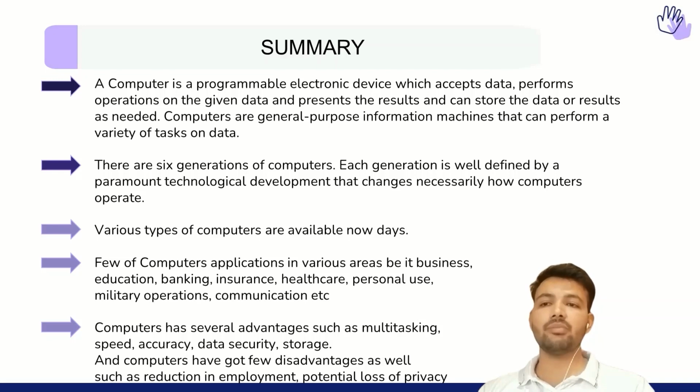Now, few of the computer applications are in various fields: business, education, banking, insurance, healthcare, personal use, military operations, and communications, etc. Computers have several advantages such as multitasking, speed, accuracy, data security, storage, and computers have got few disadvantages as well, such as reduction in employment, potential loss of privacy.